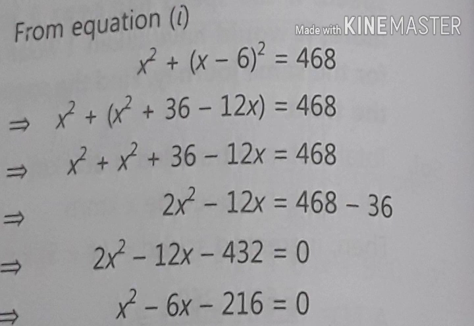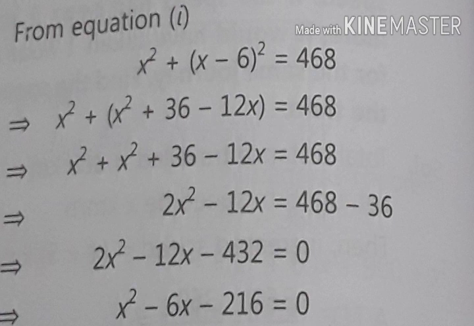So x square plus y square equal 468 becomes x square plus (x minus 6) whole square equal 468. Then we get the equation as x square plus 36 minus 12x. That is (a minus b) the whole square. Then we can combine the like terms and simplify.